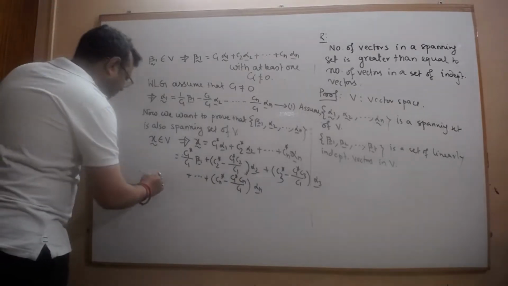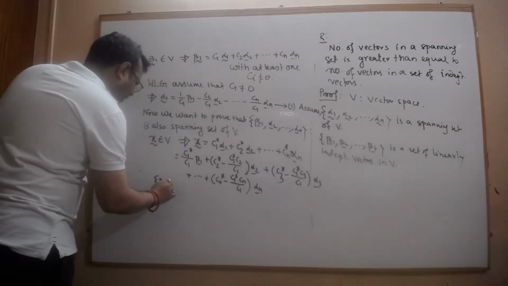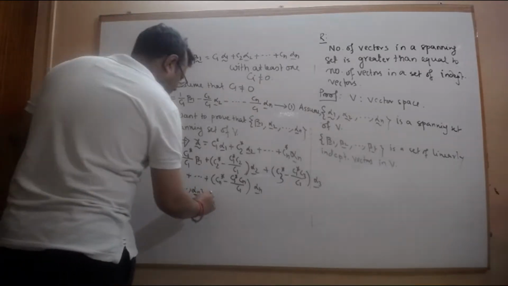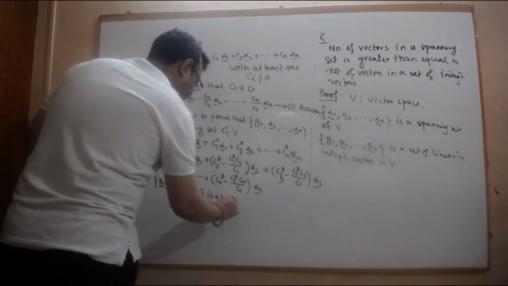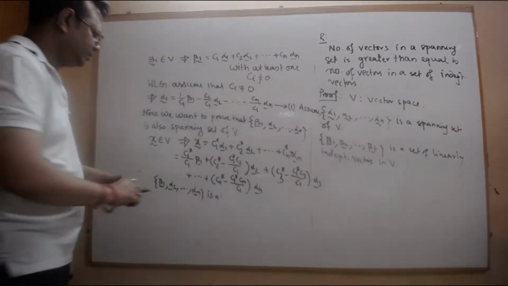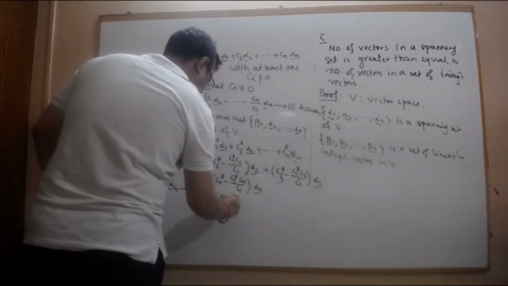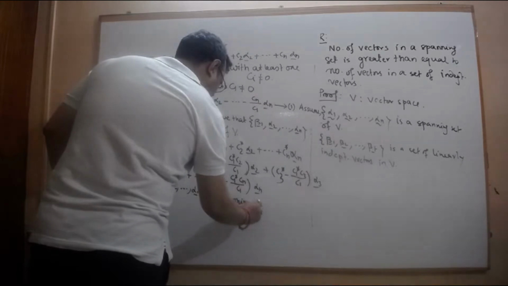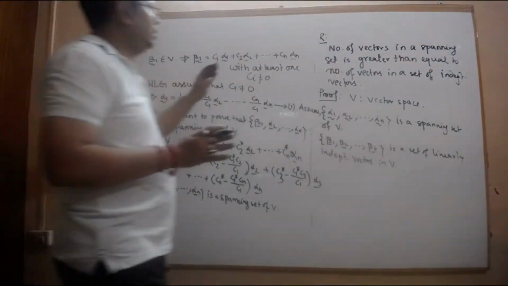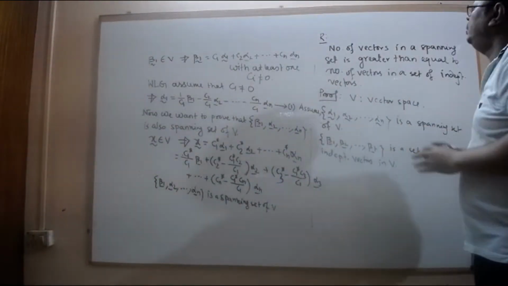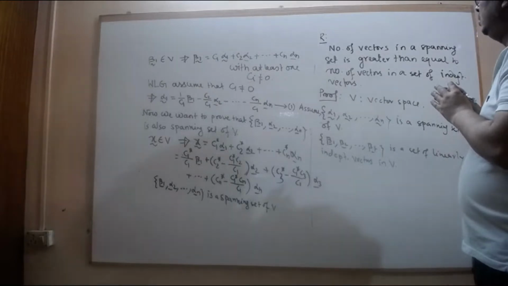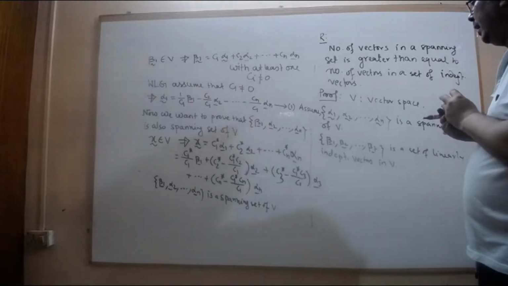Therefore, beta 1 curl, alpha 2 curl, alpha n curl is a spanning set or generating set of V. So the result is, here I want to prove that the number of vectors in a spanning set is greater than or equal to the number of vectors in a set of independent vectors.